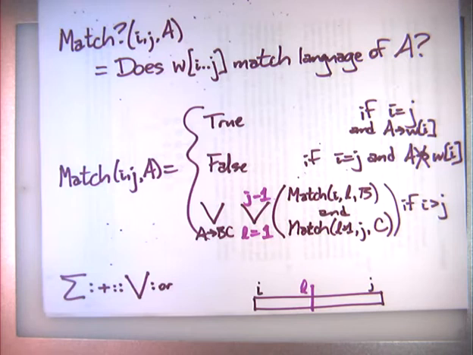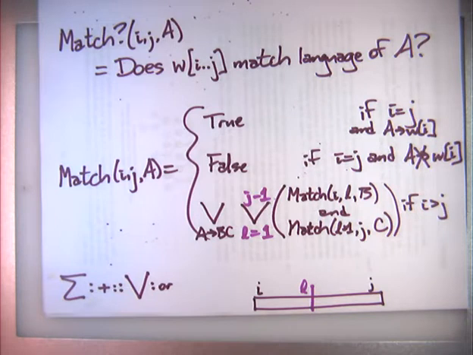Okay? Try all production rules. Try all ways of splitting up the string. Once I've picked a rule and a way of splitting up the string, try to recursively match the prefix to the first non-terminal and then try to recursively match the suffix to the second non-terminal.